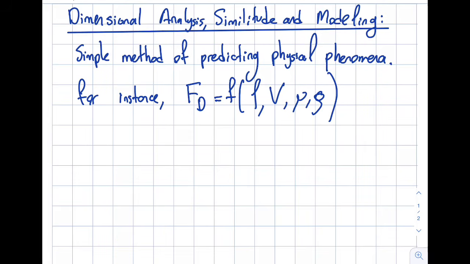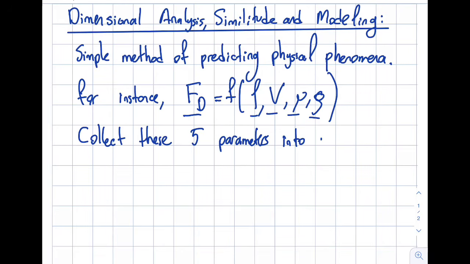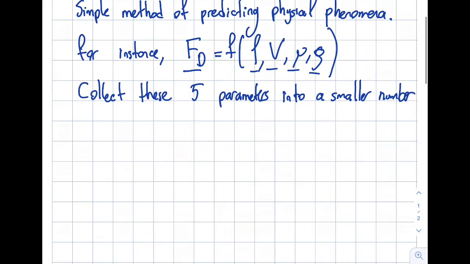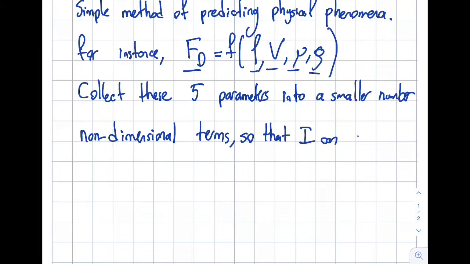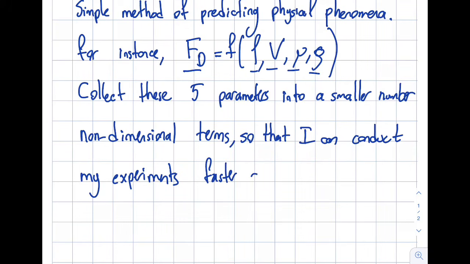The goal here is to collect these 1, 2, 3, 4, 5 parameters into a smaller number of non-dimensional terms, so that I can conduct my experiments faster and cheaper.